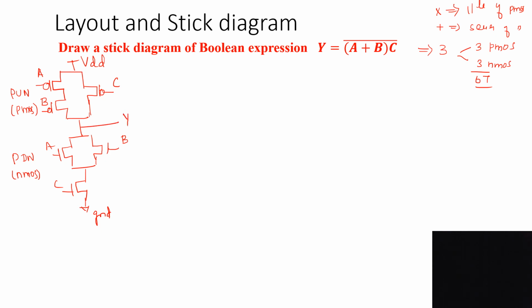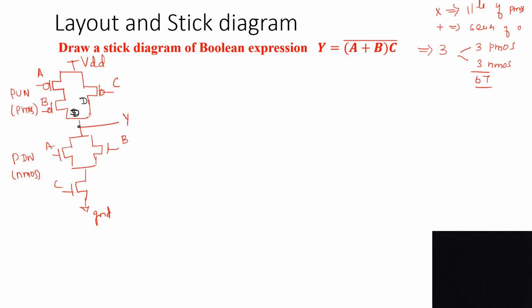So first, if you want to draw the layout or stick diagram, you have to mark the terminals, because the transistor has a gate, source and drain. So first of all, we have to mark the terminals. I will change the color. Here you can see the output is taken at the drain terminal. Okay, so it is drain.